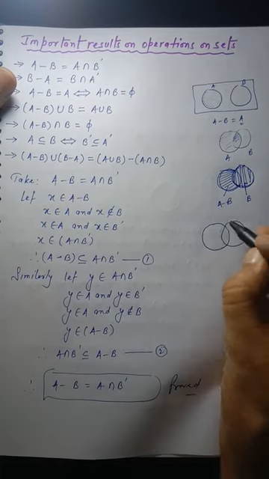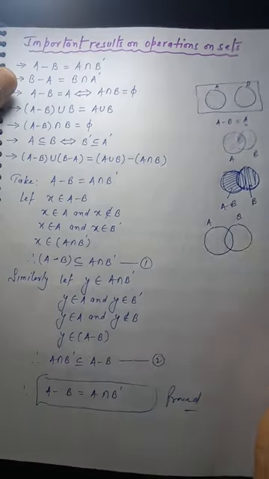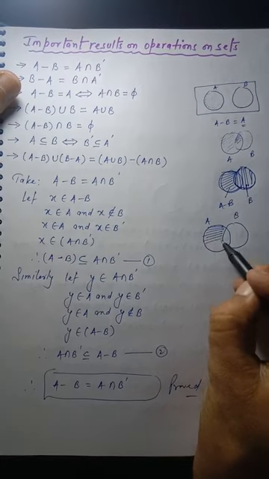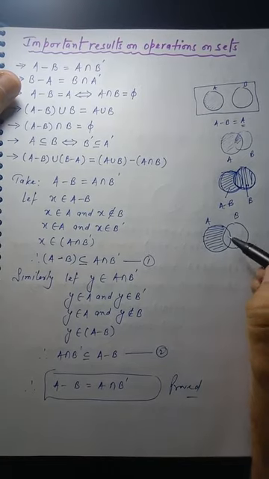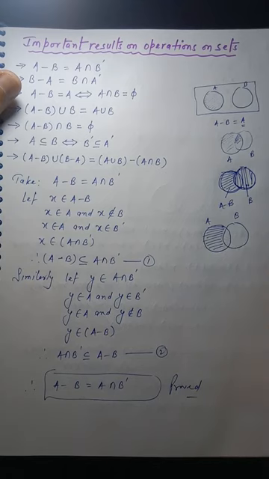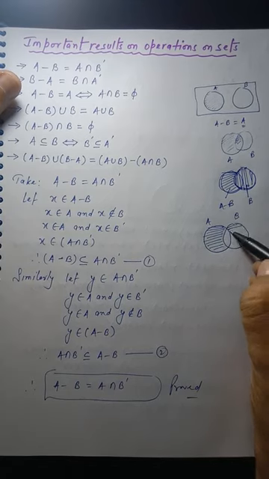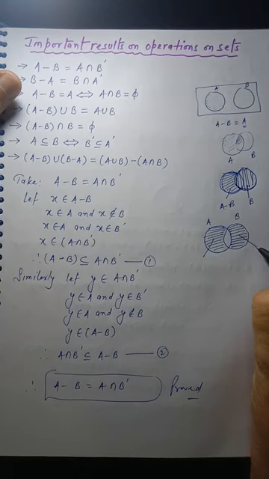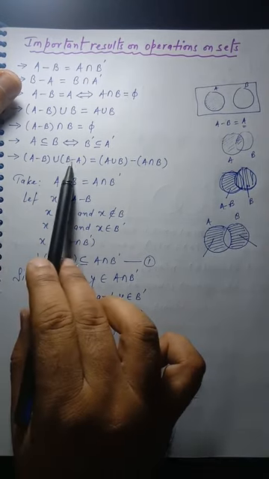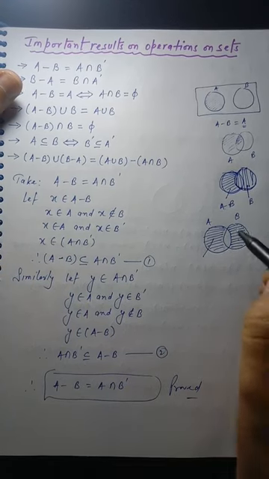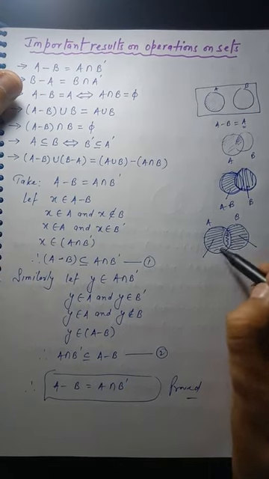So this is A, this is B. A minus B means this portion is A minus B. Take only those parts of A which are present in A but not in B. And this is B minus A. Take those elements which are present in B but not in A. So A minus B union B minus A means you subtract this common portion from the whole union.